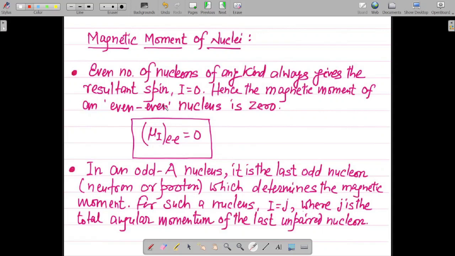So the magnetic moment of an even nucleus is equal to 0. It is an experimentally determined fact.